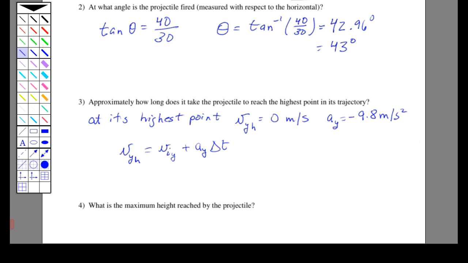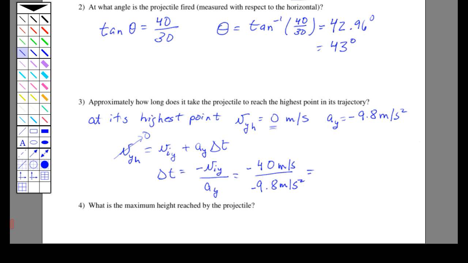We can solve for delta t. The left-hand side of this equation is 0, because at its highest point the velocity should be 0. Delta t is just minus the initial y component of the velocity divided by our acceleration. Plugging in numbers, we have minus 40 meters per second divided by negative 9.8 meters per second squared.